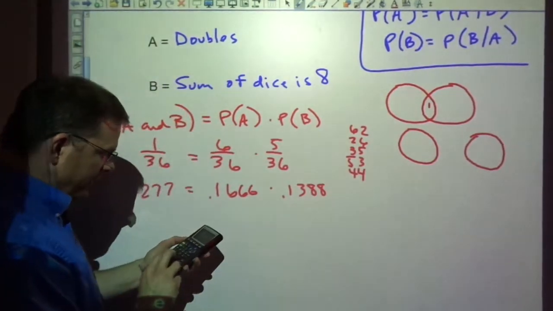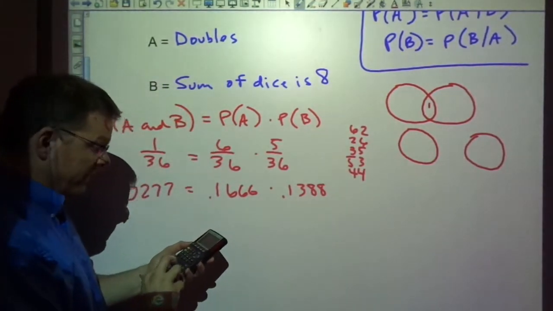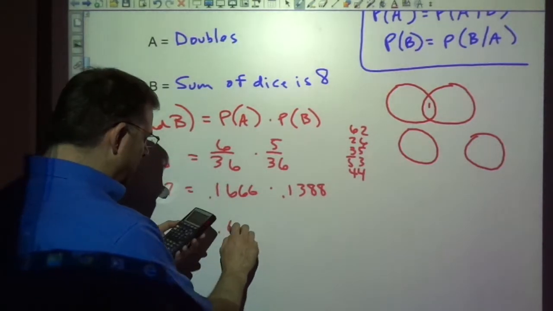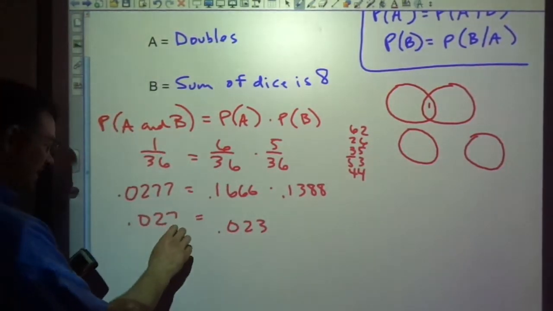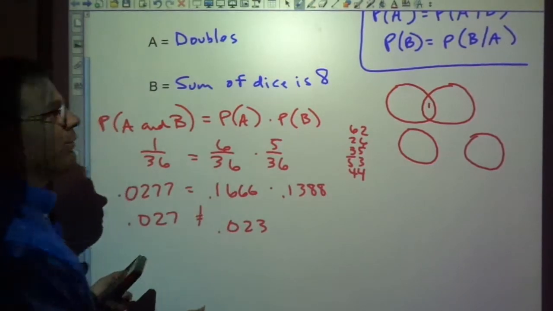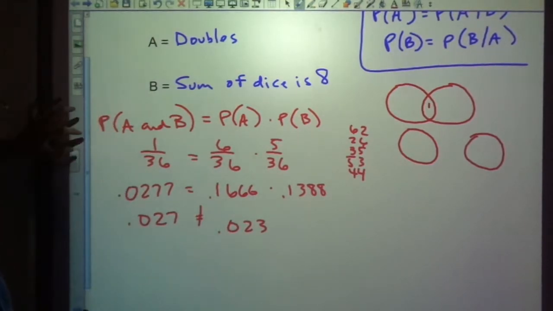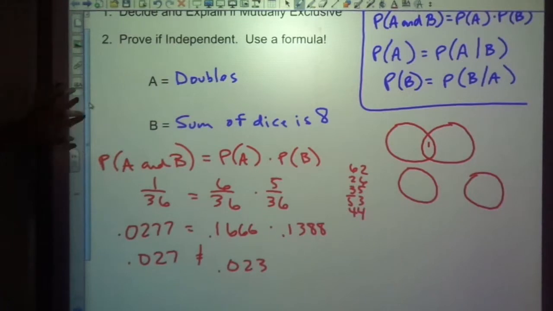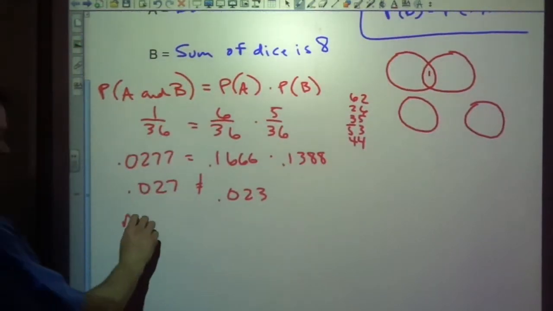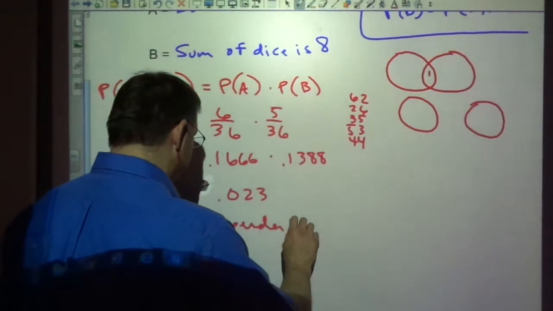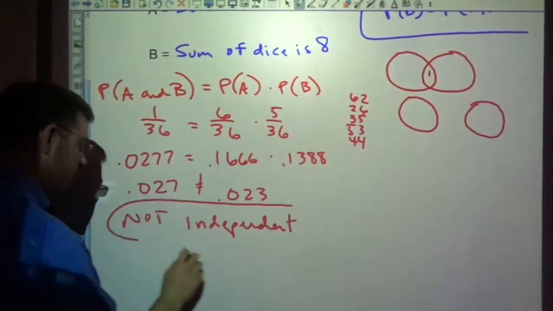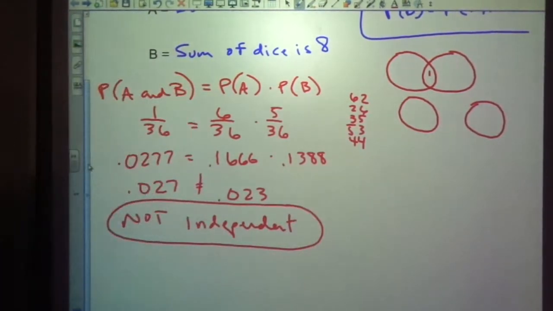And now if I multiply those together, I get 0.023, and this is 0.027, so those are not equal. If they're not equal, then the independent formula does not work, so therefore it is not independent. And this is why. Okay? Next problem.